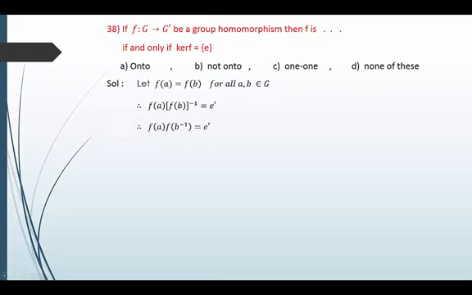So f of a b inverse equals e dash, which means a b inverse belongs to kernel f, because f of a b inverse is e dash. We know kernel f is the identity element, so a b inverse equals identity, which means a equals b. So we get f of a equals f of b implies a equals b, which means function f is one-one. Answer is C option, one-one.